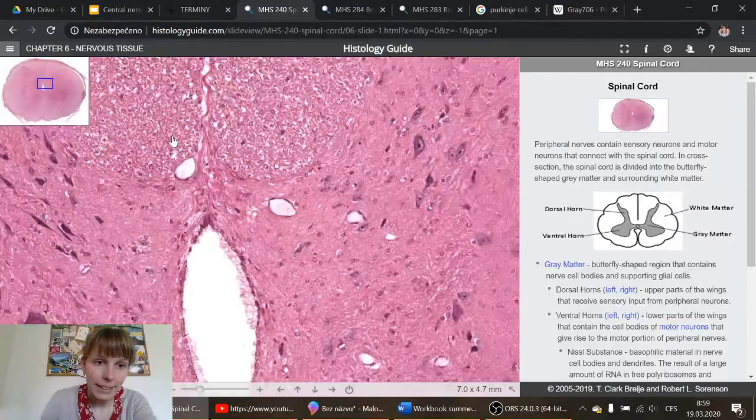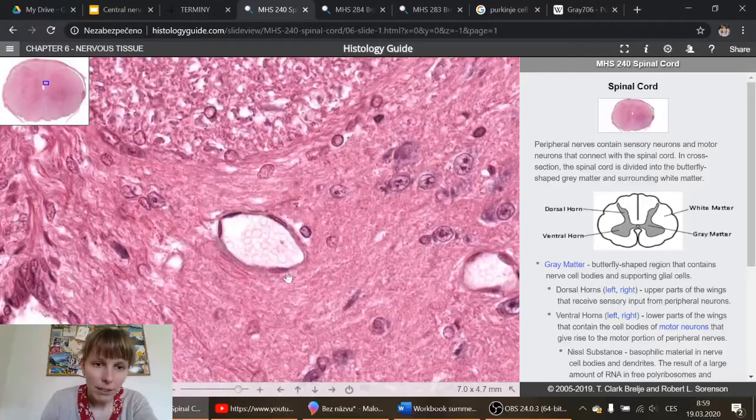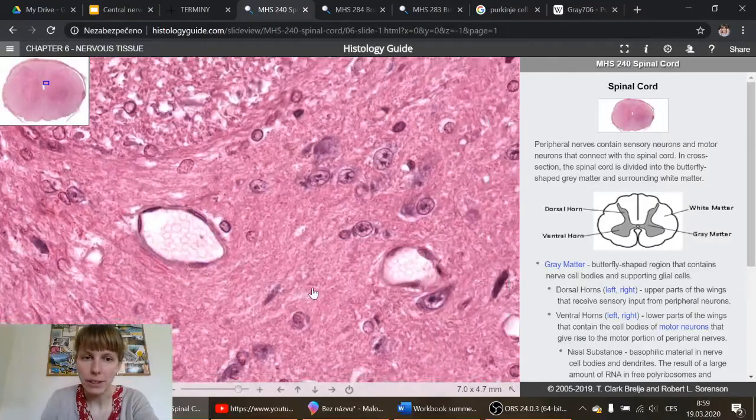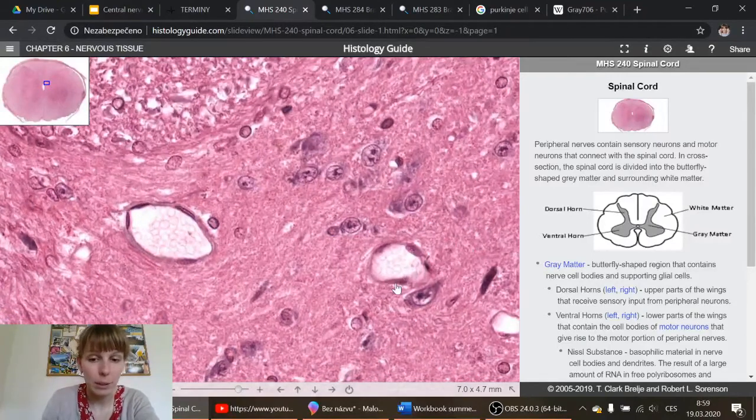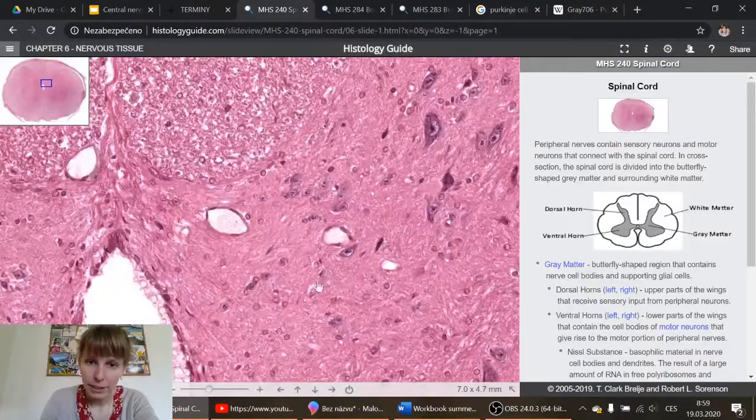Also you can see some blood vessels. So this would be a blood vessel which will for sure be a continuous type of capillary, and it will have processes of astrocytes, but we don't see them because we don't have a staining that would be specific for astrocytes. So you don't have to worry about this, but there are blood vessels here as well.